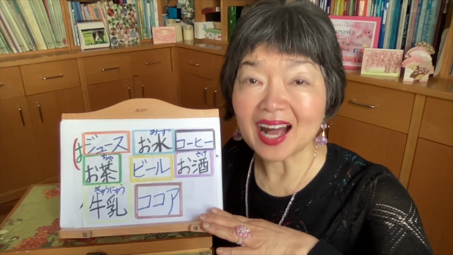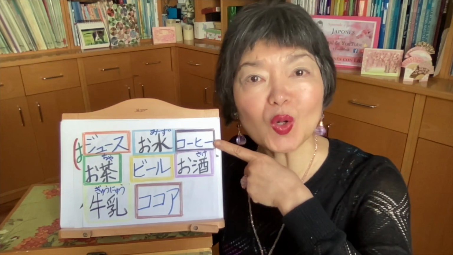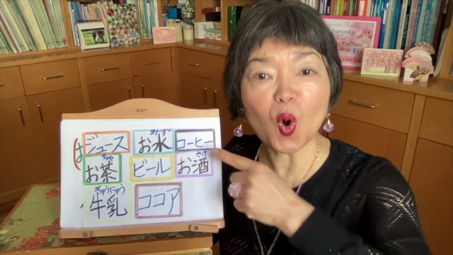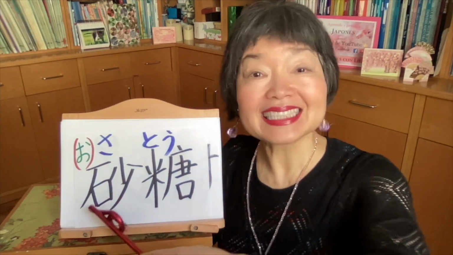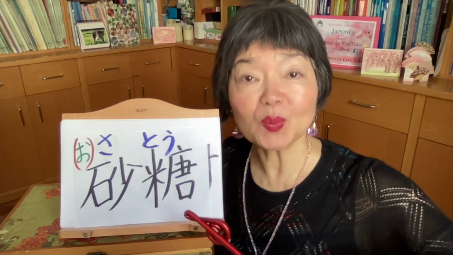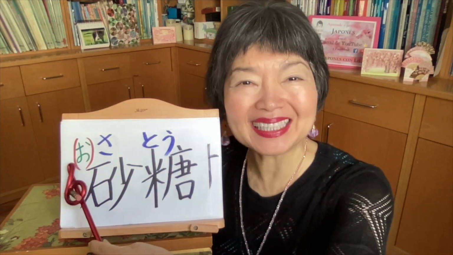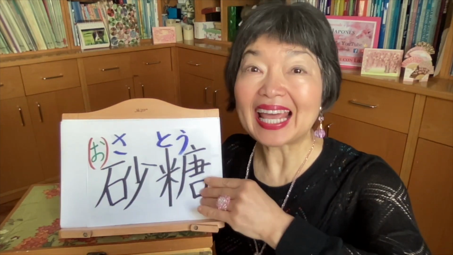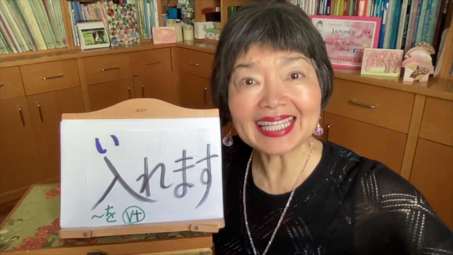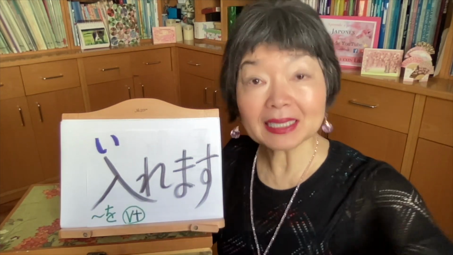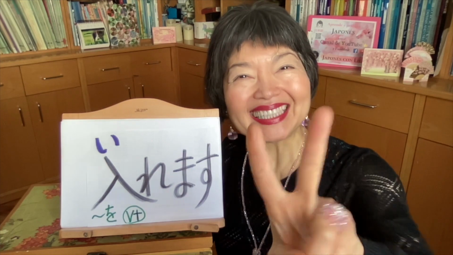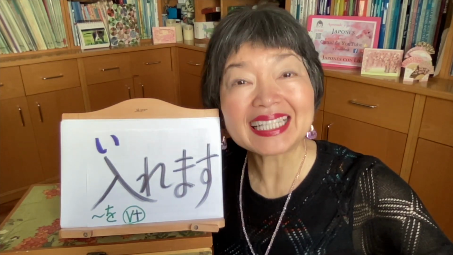Please don't put sugar in my coffee. Coffee as a drink is コーヒー, and sugar is 砂糖, or we can add お for respect: お砂糖. The verb to put in, 入れます, is the second group, so the ない form is 入れない.